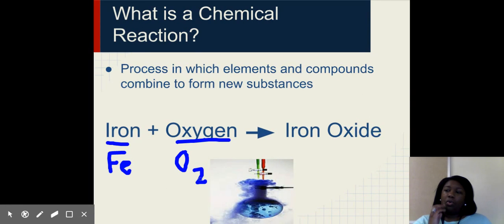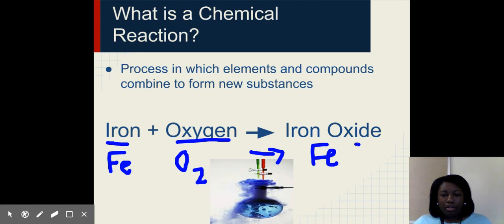So we're going to make iron oxide. And that's a 3. It's going to be something like that. So we're actually combining these things together. We have iron, which is a solid metal, and now we're getting iron oxide.